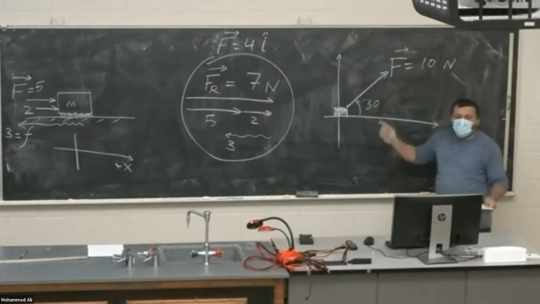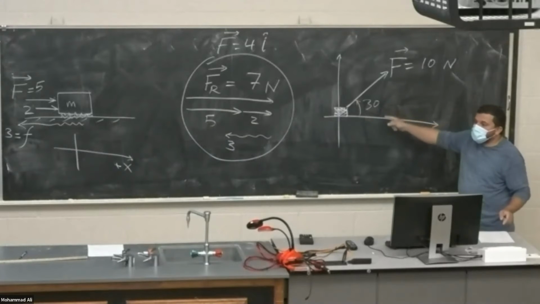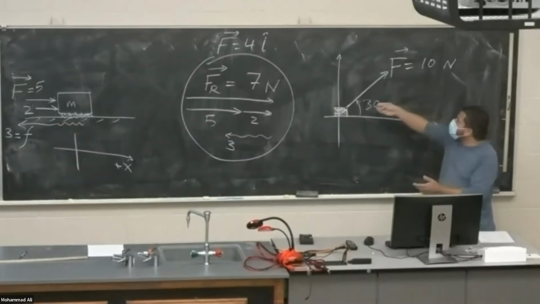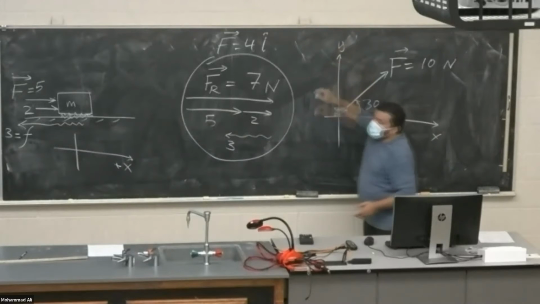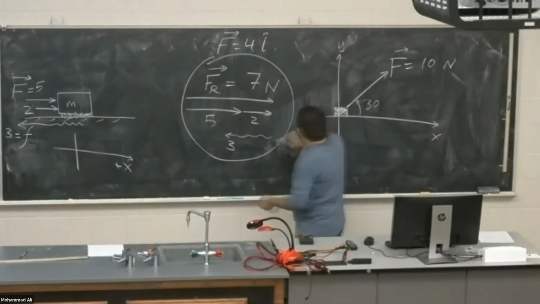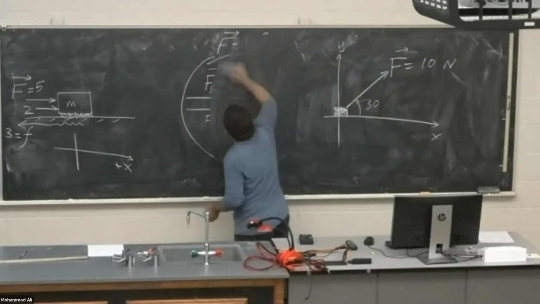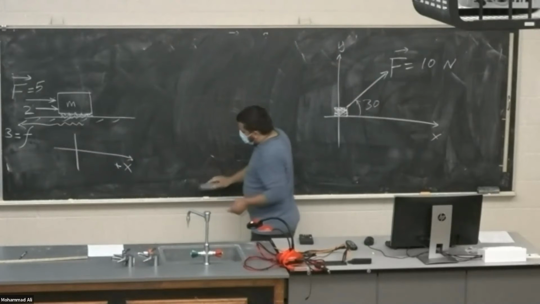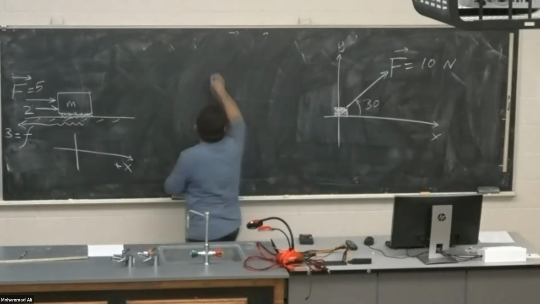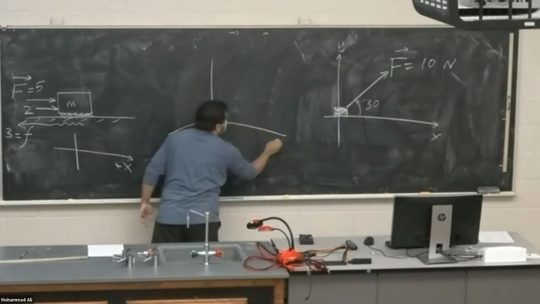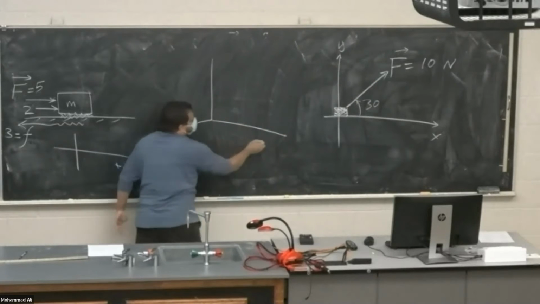As you know, I have a vector with a direction. I have X, Y direction. Maybe these X, Y directions are horizontal and vertical. Maybe they are here, the ground of the room.